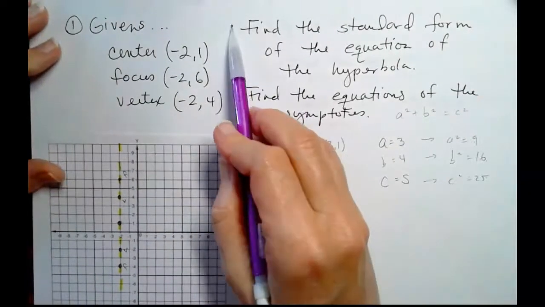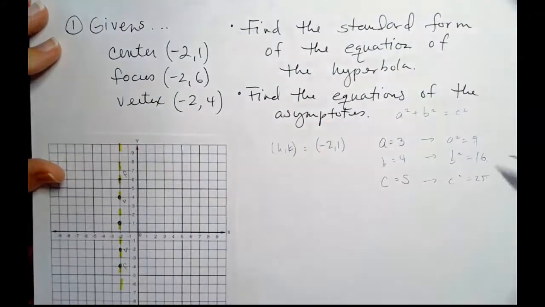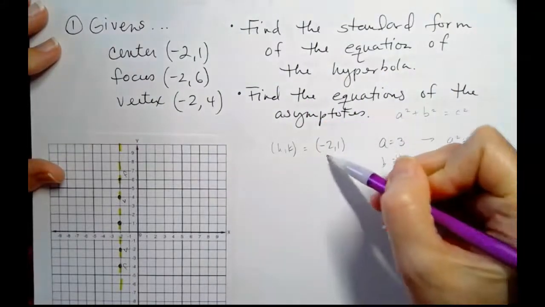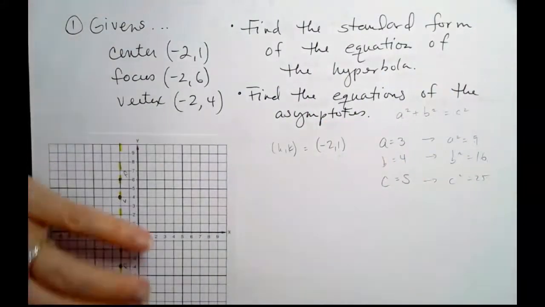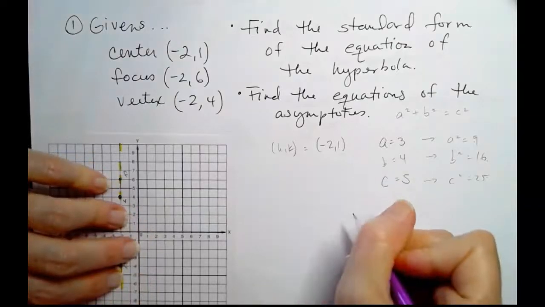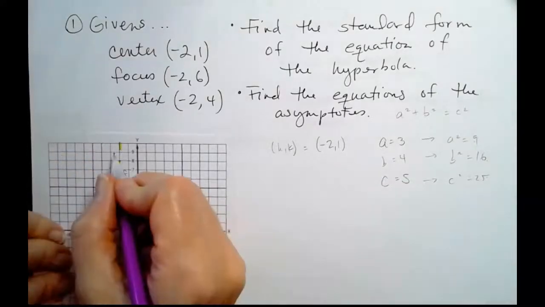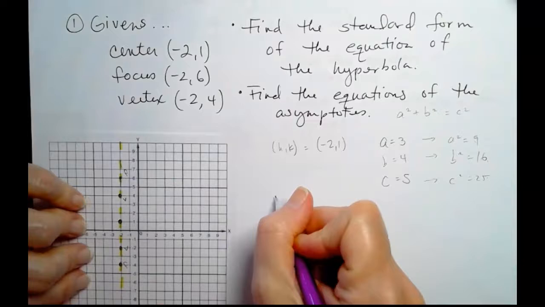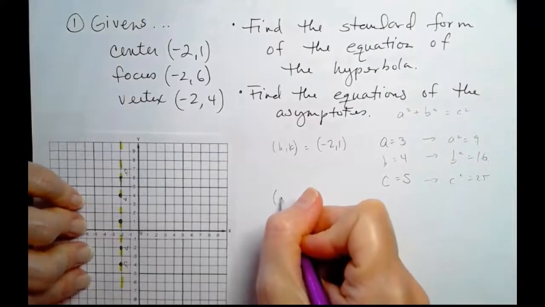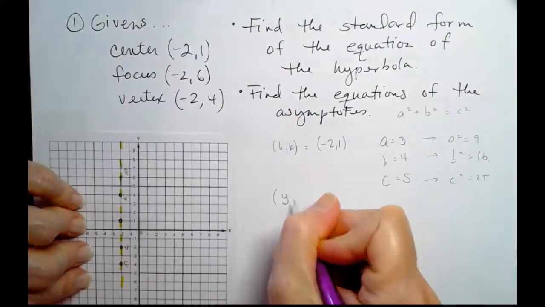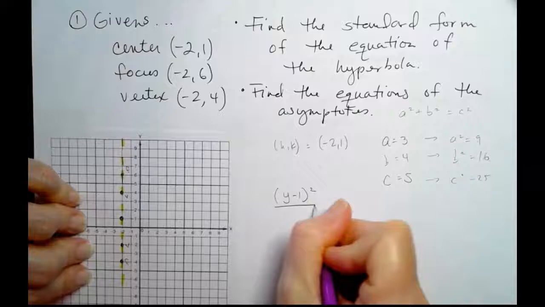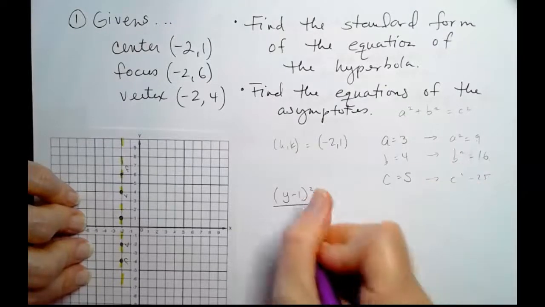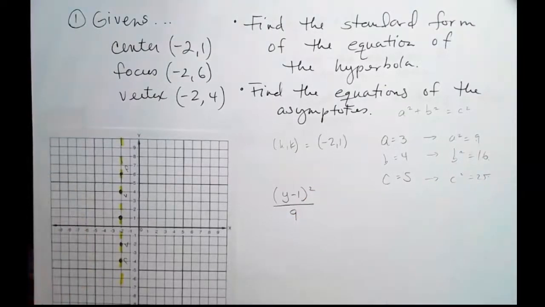So if we know that this has a vertical transverse axis, then we can start using this information. Let's go ahead and do this first bullet point, the standard form, because we know A squared, we know B squared, we know H, and we know K, so we can write the standard form of the equation. We'll get to the asymptotes next. Vertical transverse axis, which means that Y has to come first. Y should be positive. So Y minus 1 squared over A squared, which is 9. Remember, in the hyperbola, A is not necessarily the biggest.